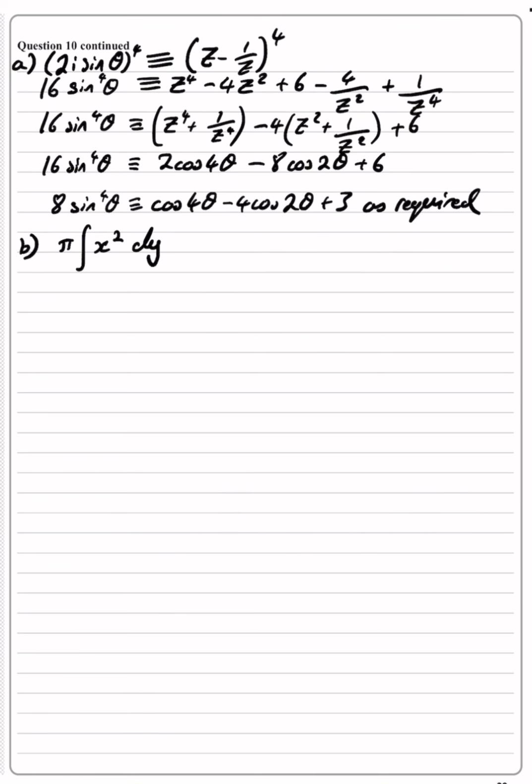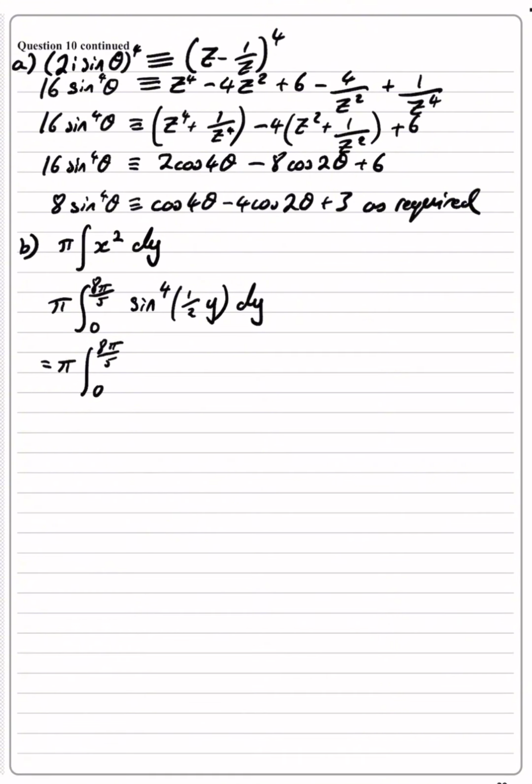Okay, we know that x is equal to sine squared of a half y. So we are going to be integrating between 0 and 8 pi over 5. So sine squared of a half y, square that, we get sine to the power 4 of a half y. And then we can use our answer from part A.